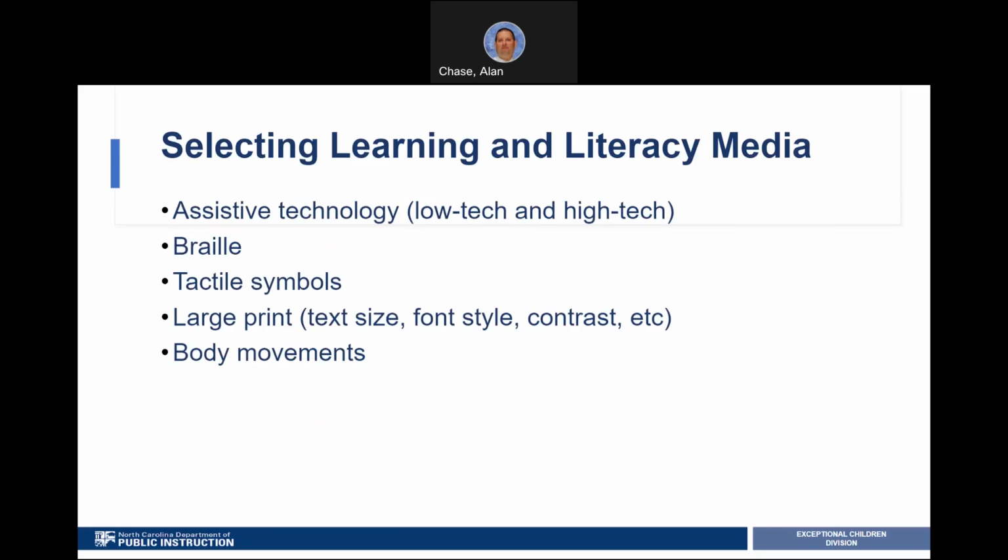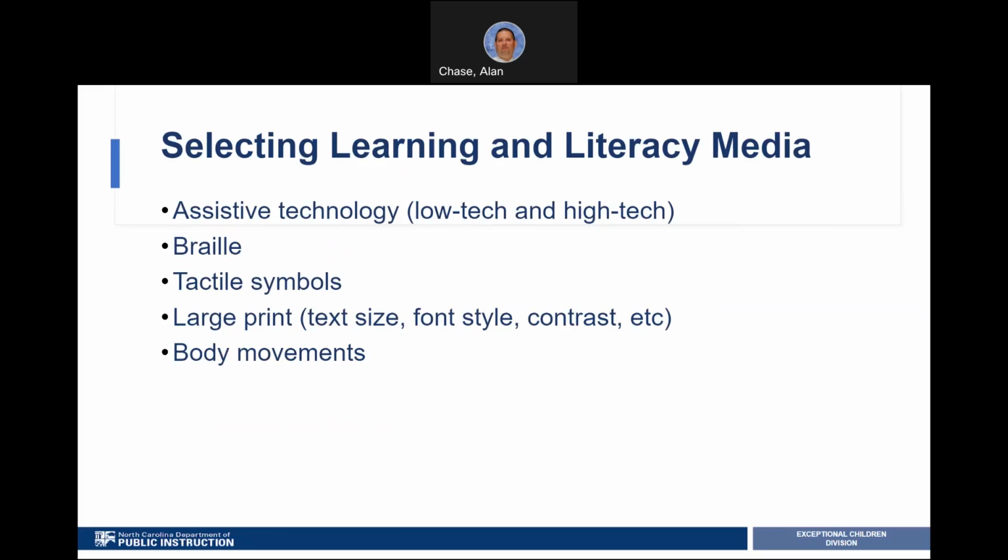The learning media assessment should take a comprehensive look at the student's functional vision and methods to access their environment. The first consideration for any student with vision loss should be instruction in Braille. After that, the TVI should assess the student using various sizes and types of fonts under various lighting conditions and changing the contrast of the material.